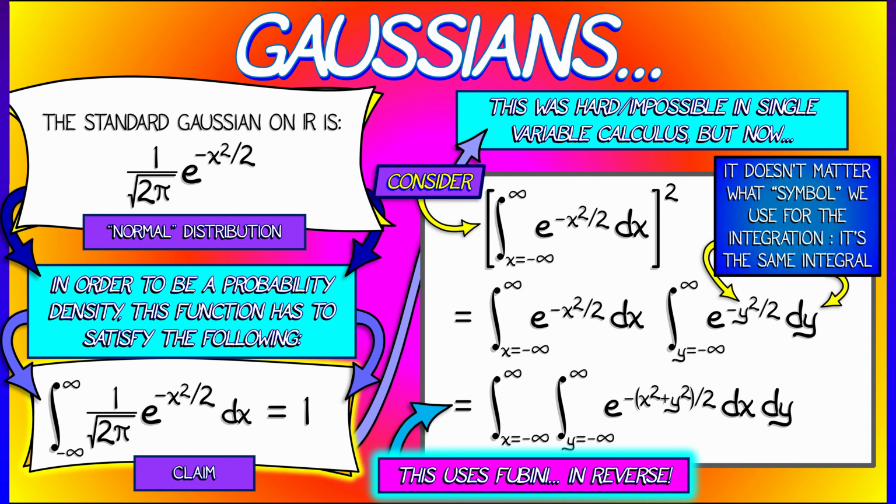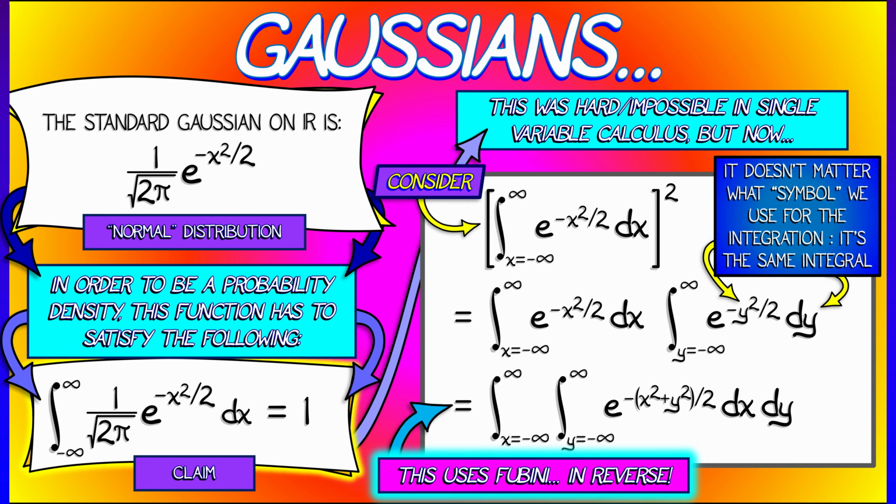By exponent laws, I get e to the minus quantity x squared plus y squared over 2. Integrating this over the entire plane is the same thing as doing that single integral that we want and squaring it.